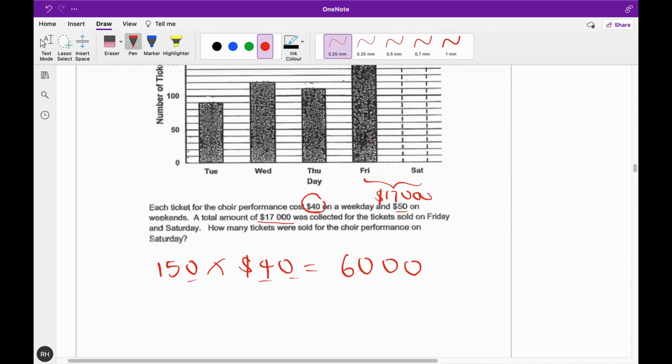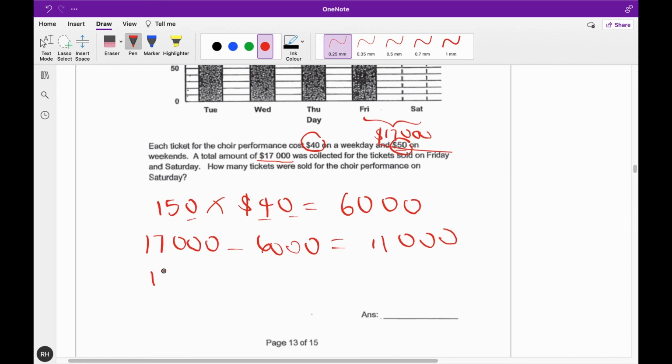So now I'm going to take away Friday, because Friday plus Saturday gives us this amount. So we have 17000 minus 6000, it's 11000. And then the next thing I want to do is divide by $50, because one ticket is $50. So we got 11000 divided by 50, we get 220.